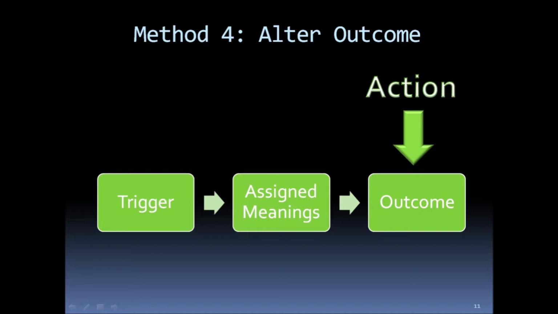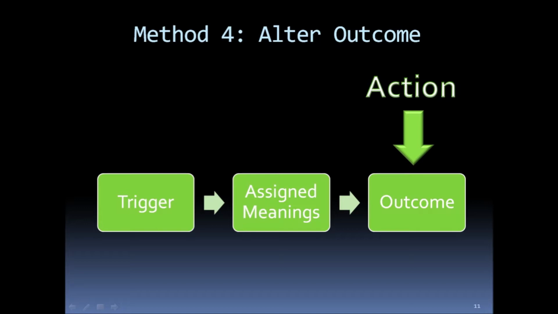The act of changing the outcome will break the spell, and eventually you will assign a different outcome to that meaning. Okay? So just do something different. You have that power, and this will weaken the spell. It will also strengthen power spells. So if you have something that has a real positive outcome, repeating it strengthens it.